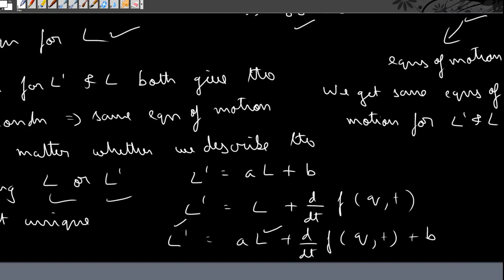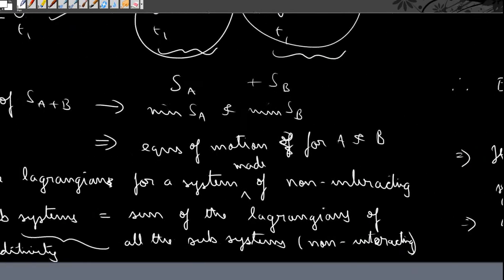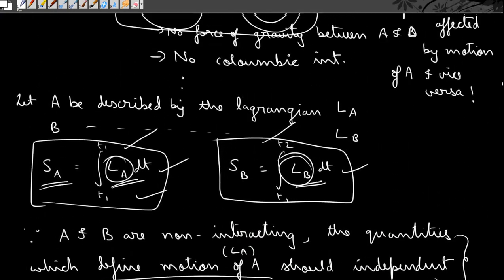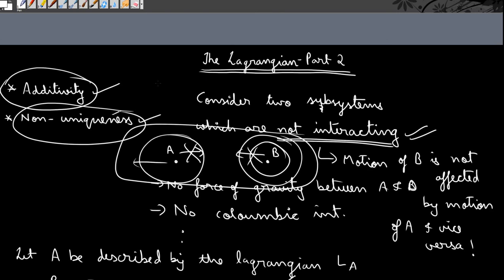Therefore it is equivalent to describe a system by both L and L dash, and the Lagrangian for a system need not be unique. This is the non-uniqueness property of the Lagrangian.